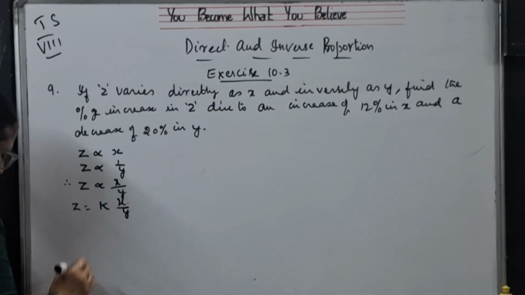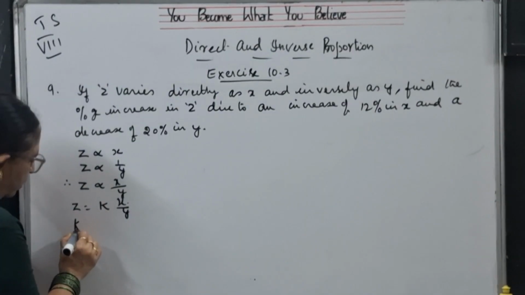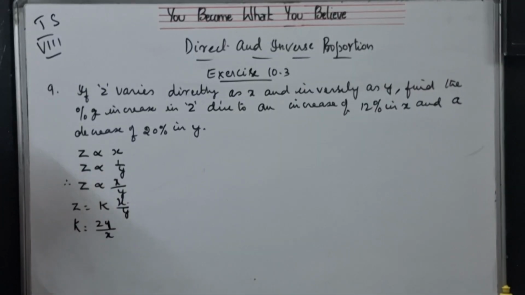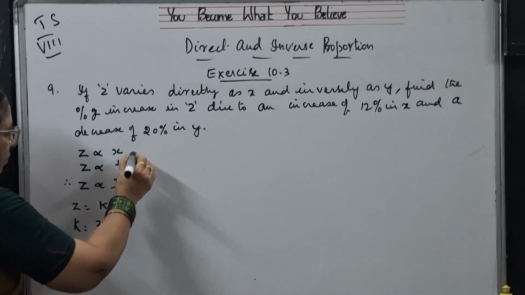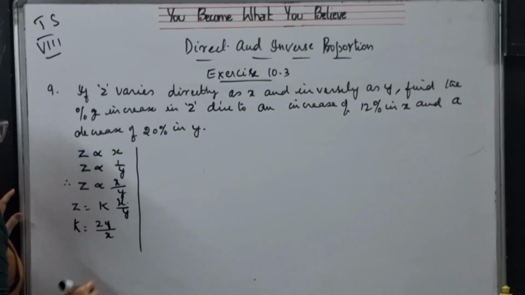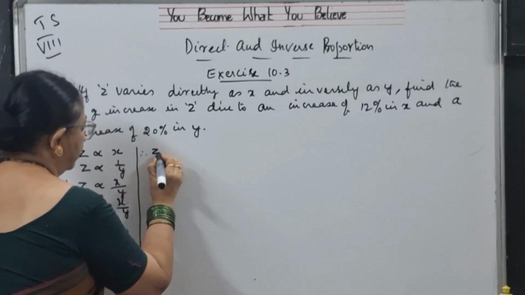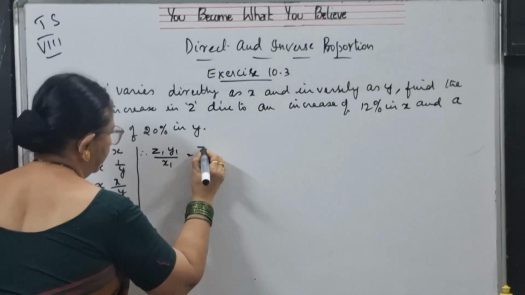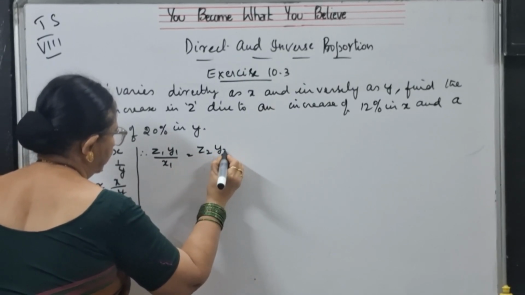So k is equal to zy by x. So we can even say, for this variation, z1 y1 by x1 will be equal to z2 y2 by x2.